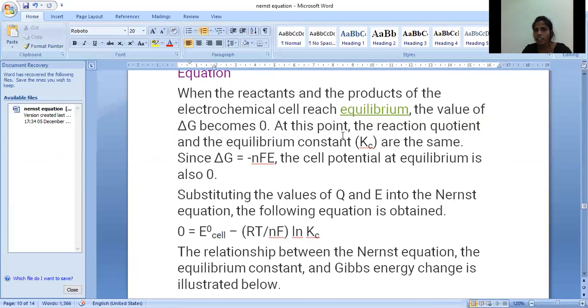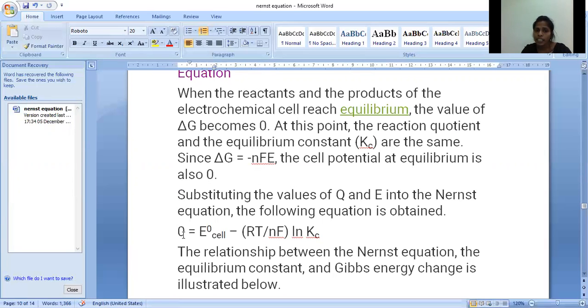At this point, the reaction quotient and the equilibrium constant are the same. Since delta G equals minus NFE, the cell potential at equilibrium is also 0. So delta G value is equal to 0. Yes. So when this value is equal to 0, we can substitute this value in the formula.